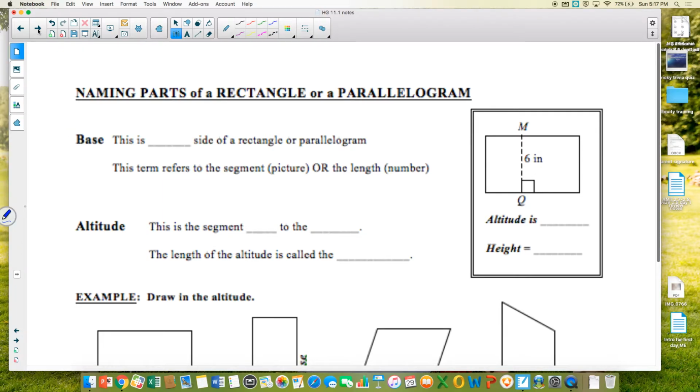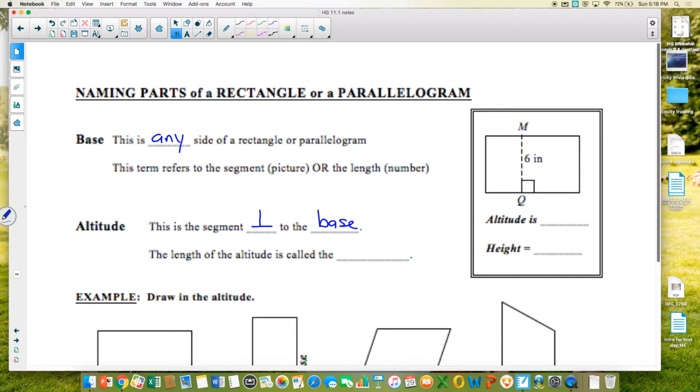All right, naming parts of a rectangle. I'm going to flip over. The base is any side of a rectangle or parallelogram. This term refers to the segment or the length. The altitude is the segment that is perpendicular to the base.